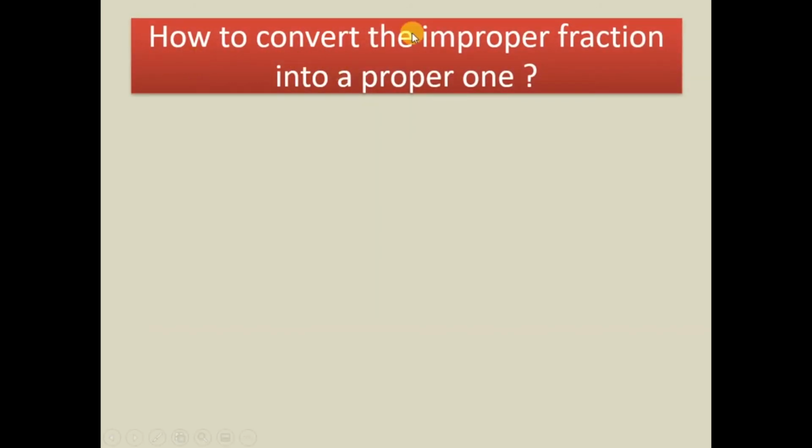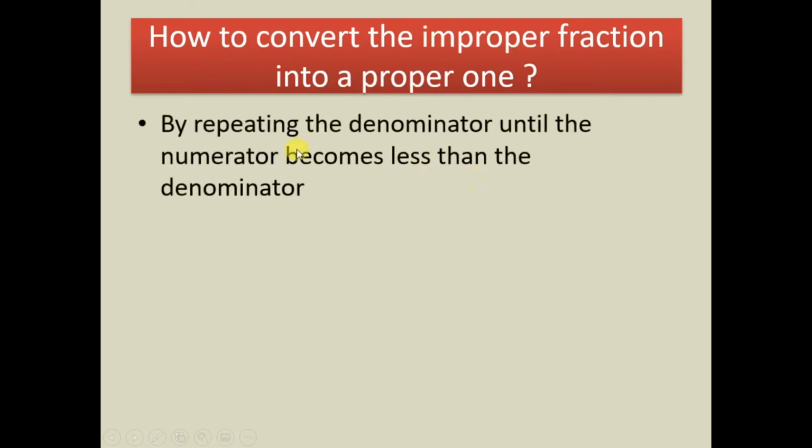So, how to convert the improper fraction into a proper one? By repeating the denominator until the numerator becomes less than the denominator. So, I need to cut the numerator into small pieces equal to or less than the denominator itself.